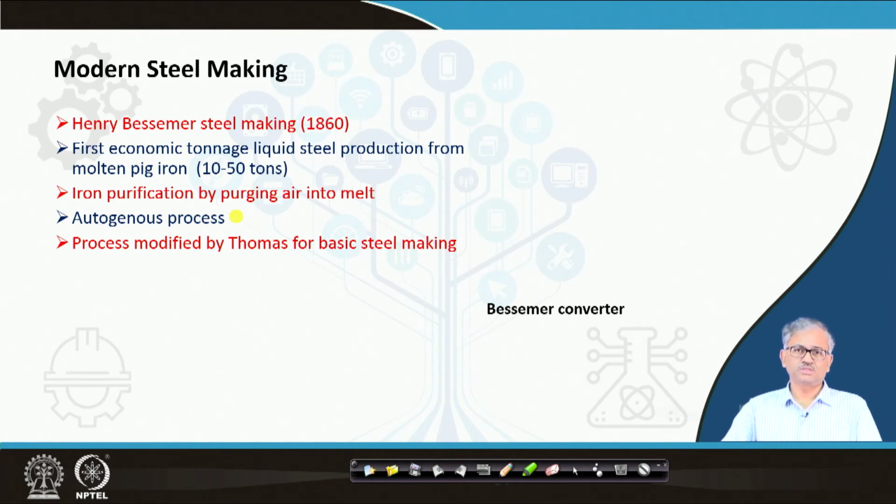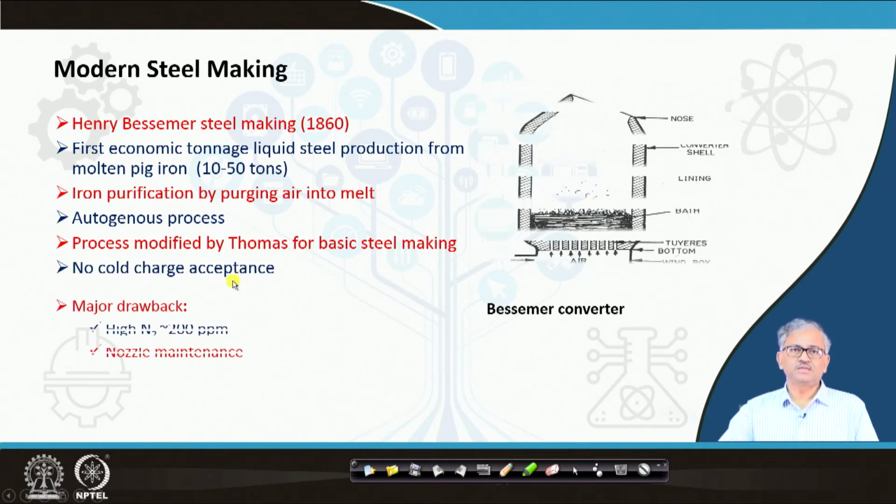So no external heat supply was required, but it was just sufficient to purify the hot metal. You cannot use any extra cold material, that is scrap, to melt into the iron, not possible, because it was just sufficient to convert the liquid iron to steel. Then the process was modified by Thomas for basic steel making, and no cold charge acceptance, as I said.